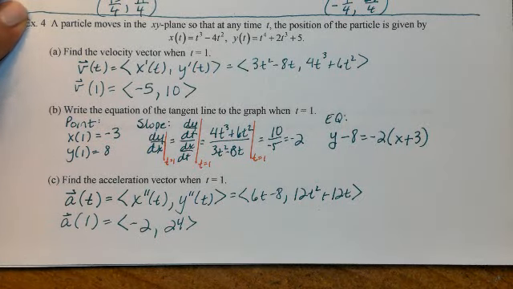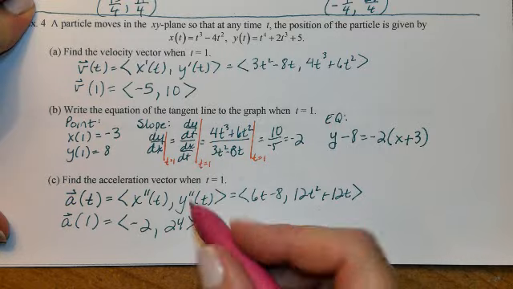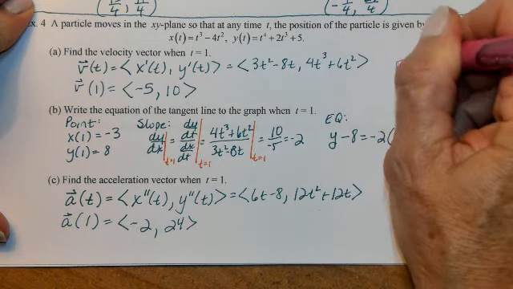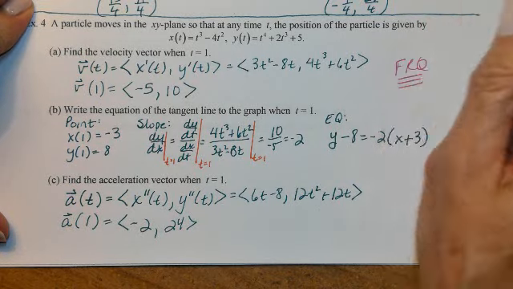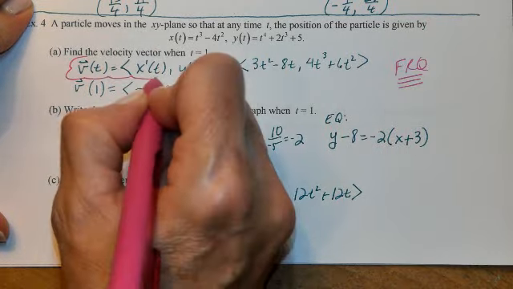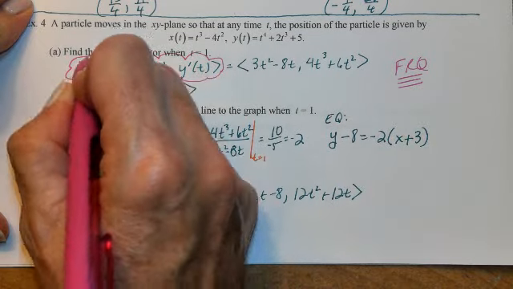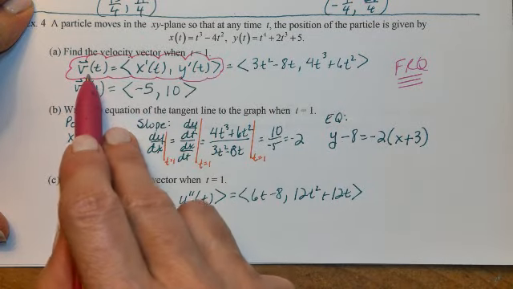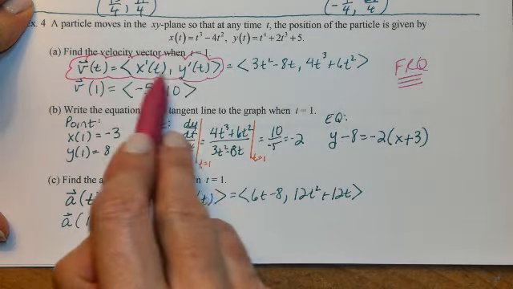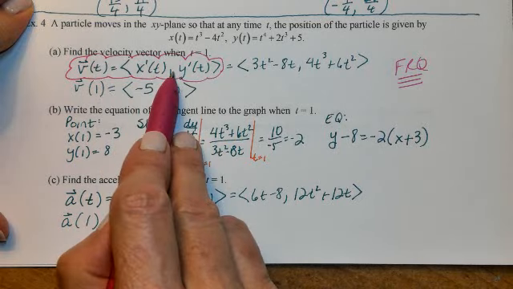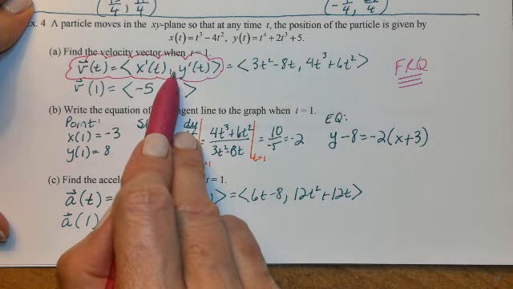A word about notation. For FRQs, you have got to say what you are doing to find the velocity vector. You may not get credit if you don't say that.